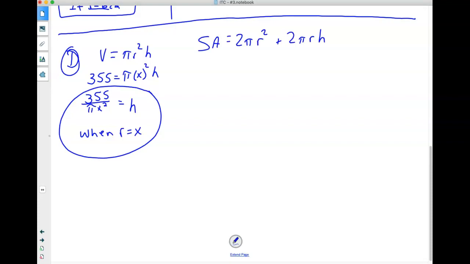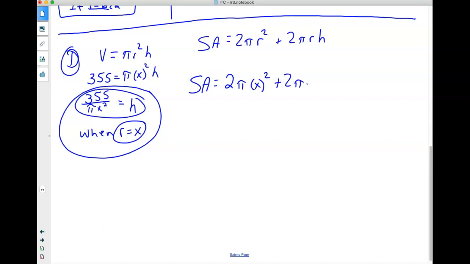I know my radius is x, and I know my height in terms of x, so when I substitute those in there, 2 pi x squared plus 2 pi times x times, that h is an ugly little monster, it's 355 over pi x squared. Now I have an ugly function only in terms of x, so I will be able to graph it.